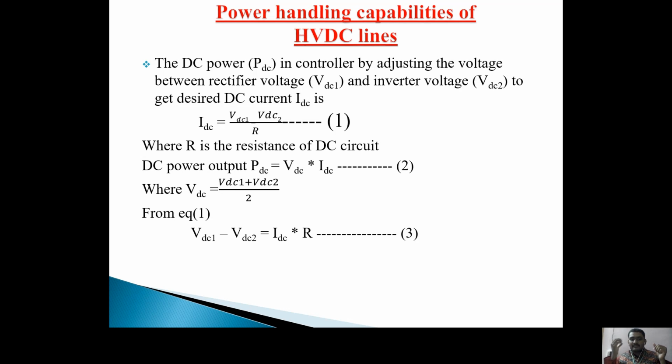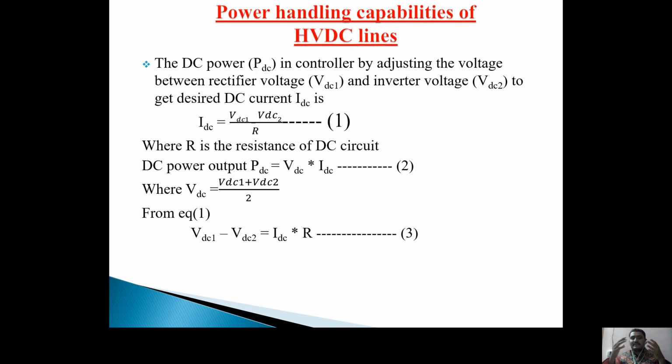Why are we getting these terms VDC1, VDC2, ID and VDC? Actually, to maintain the constant end voltage within specified limits, we have to provide or increase the power handling capabilities of the HVDC line or overhead line.